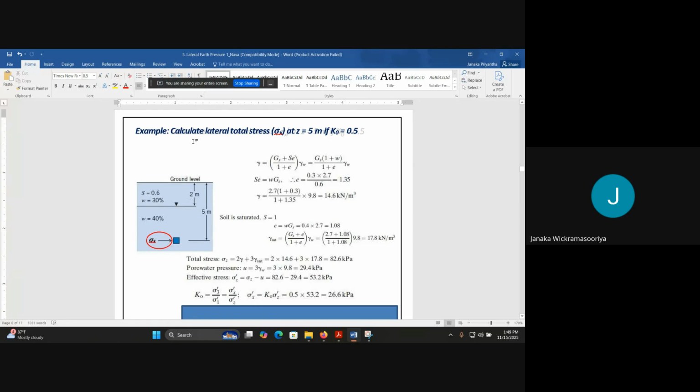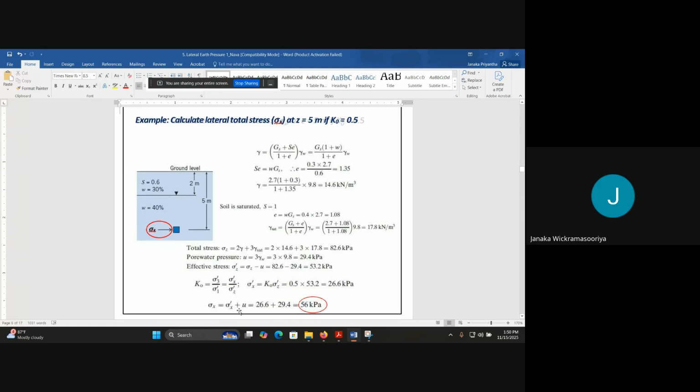But what they ask is the total lateral stress. Now this is the effective horizontal stress, right? But what you need is the total horizontal stress, so you will have to add the pore water pressure.